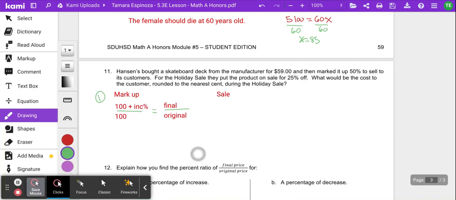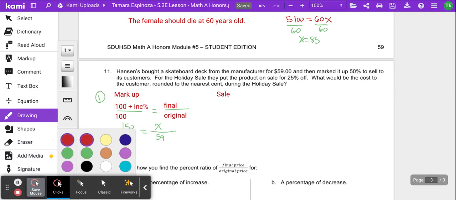Okay, so let's do step one first. We're going to mark it up 50%. So 150 over 100. Hanson bought it for $59. He would love to sell it for, dun, dun, dun. We need to multiply by 0.59.